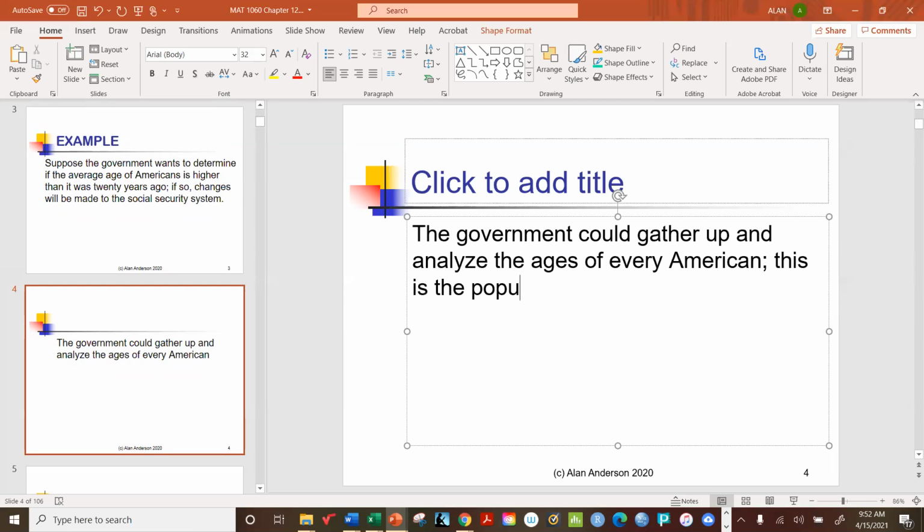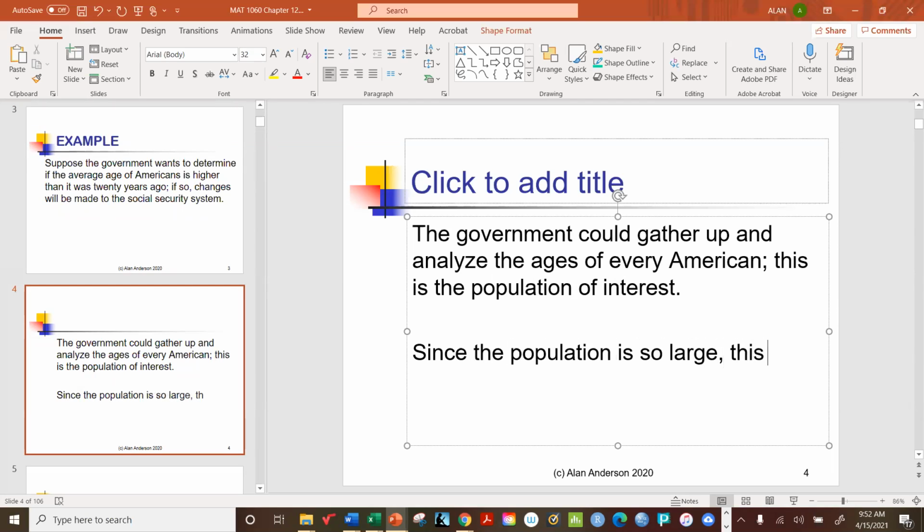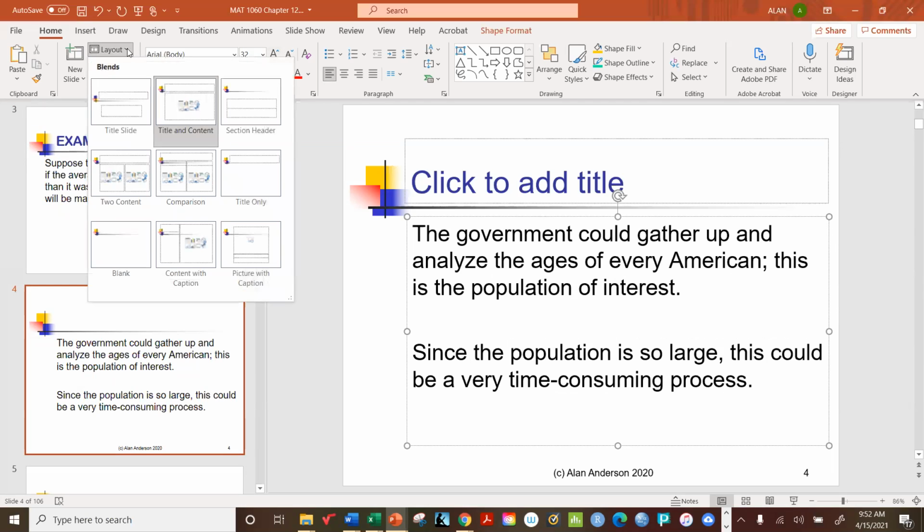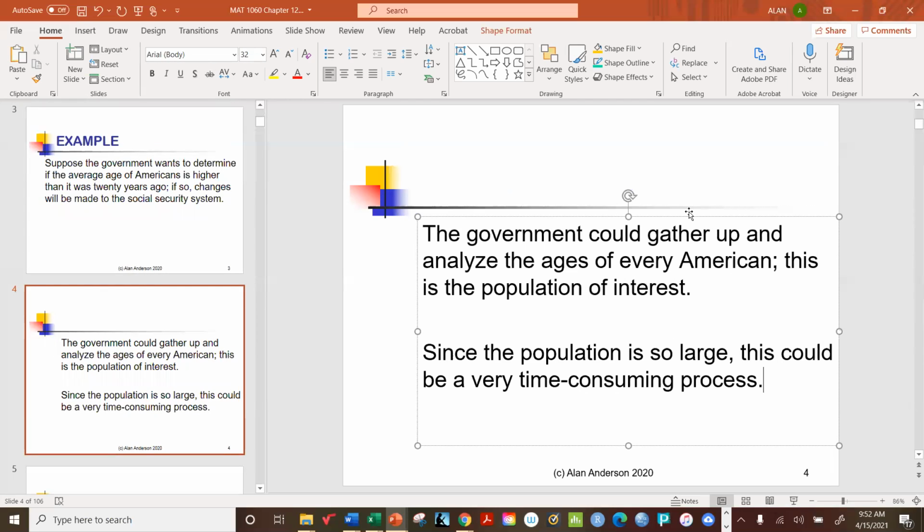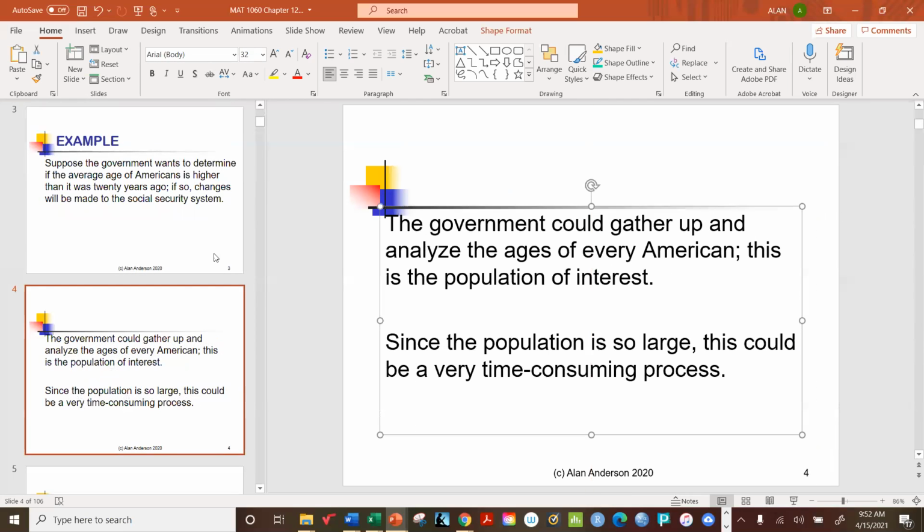This is the population of interest. Since the population is so large, though, this could be a very time-consuming process. So what can they do instead? Let's just say they decided, you know what, that's too much. That would take forever. We need to know this information right now.